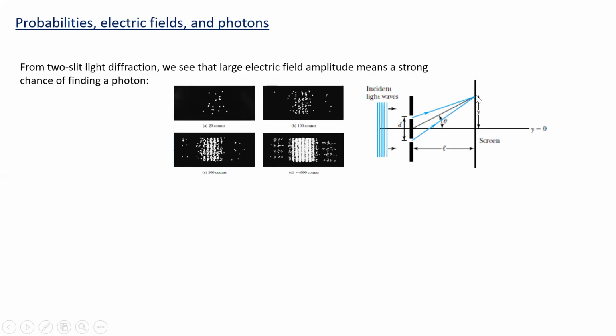We know and we can measure that at points where the light is strong, the electric field amplitude is large, and where the light is weak, the electric field amplitude is weak.